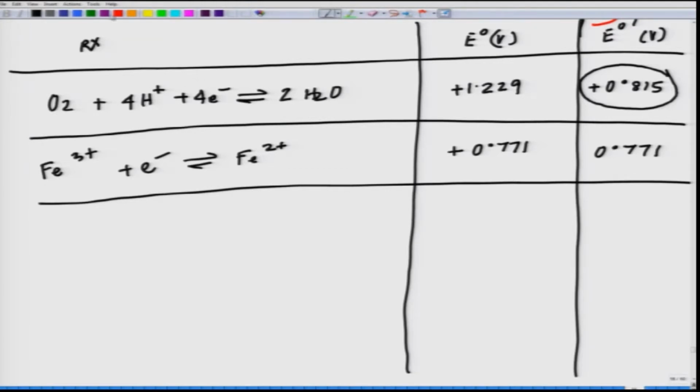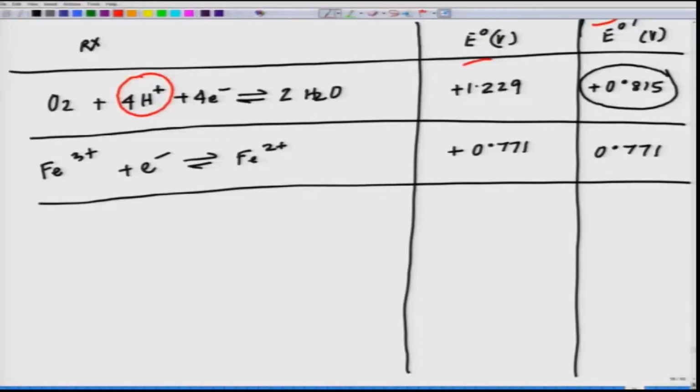Because in the previous case, this was the reason why I want to show you, you have H plus ions which are involved in it. So, I will give you a few examples which will tell you the story. Whenever you have the pH involvement, the storyline is going to change out here. And when pH is not involved there, it will remain the same. So, please appreciate these two interesting situations.